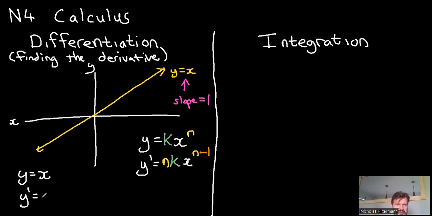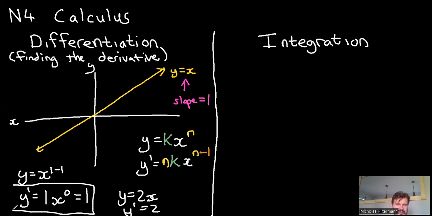So 1 times 1 is just 1 x, and then when we take 1 off this exponent, 1 minus 1, we get x to the 0. Anything to the power of 0 is just 1. So that's why if we have y equals 2x, the derivative is 2. We don't have to think too much about this to the power of 0. This is just an explanation.